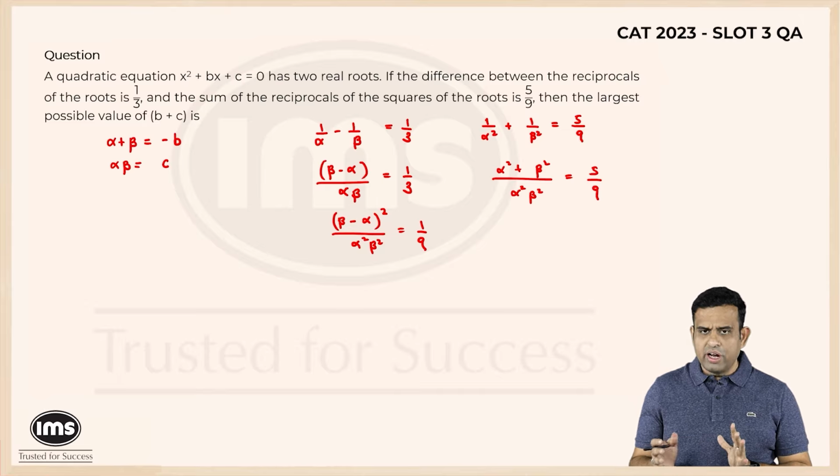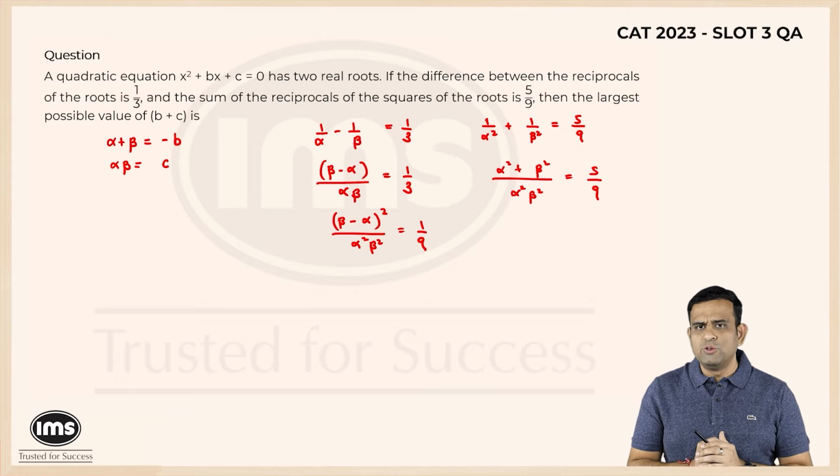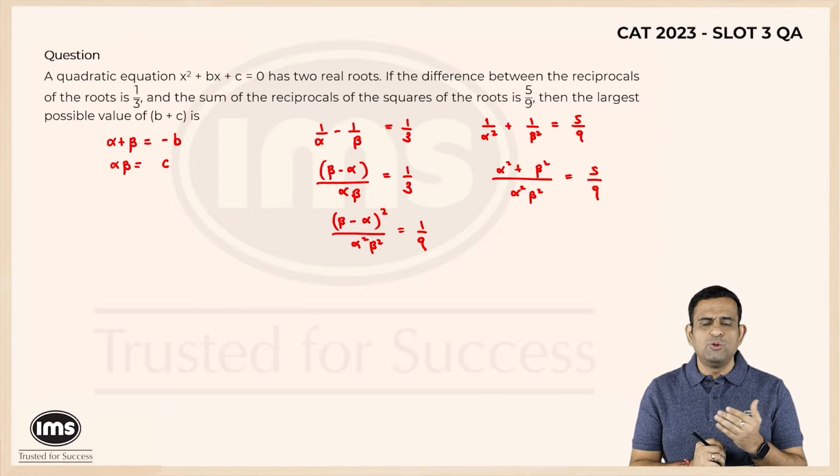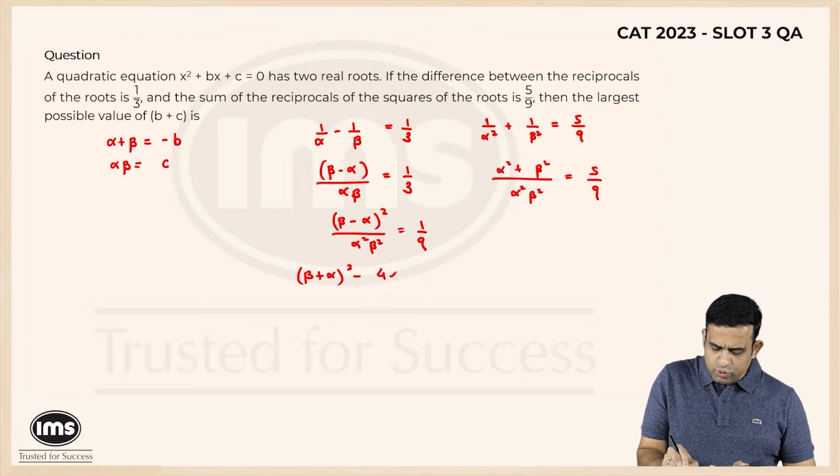Over here, we can write the term a minus b whole square in the form of a plus b whole square minus 4ab. So this numerator, beta minus alpha whole square, I can write as beta plus alpha whole square minus 4 alpha beta upon alpha square beta square equals 1 by 9.